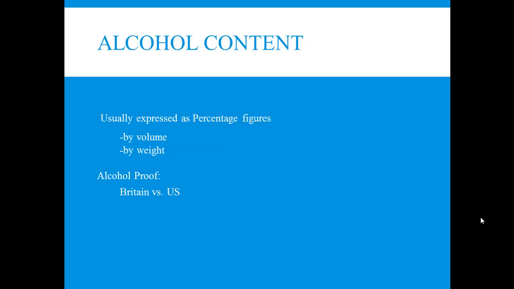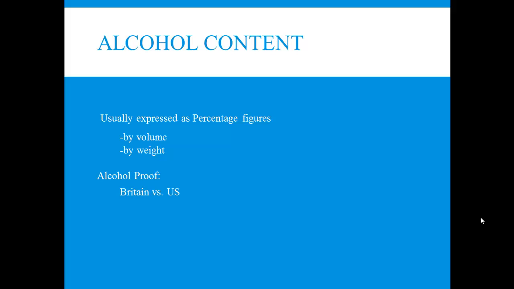Okay, now why is that? A molecule of alcohol weighs less than a molecule of water. So a 10% volume solution would have less alcohol content than something that was 10% weight per volume.